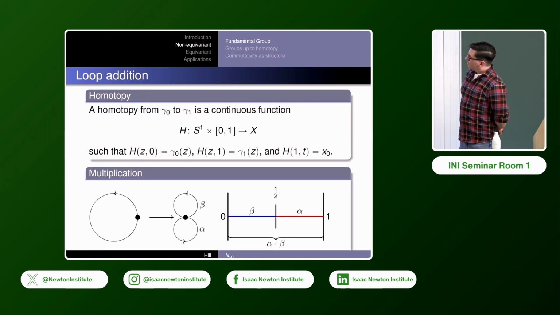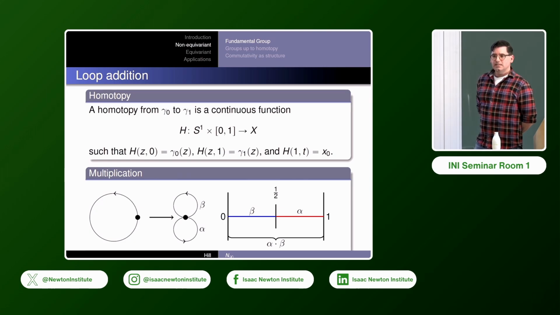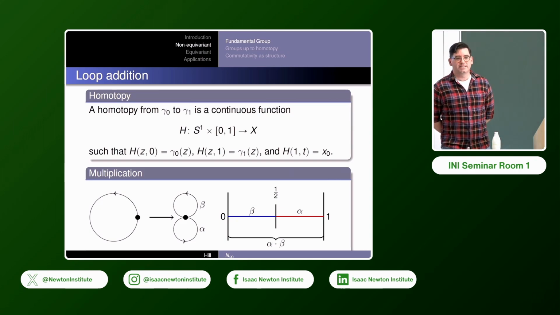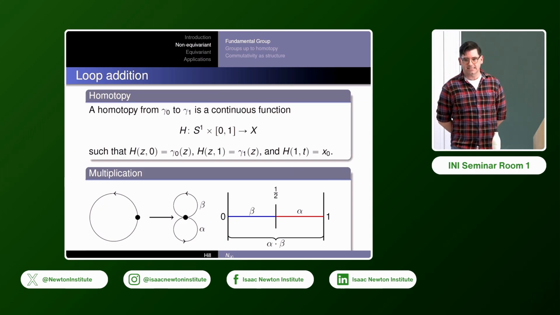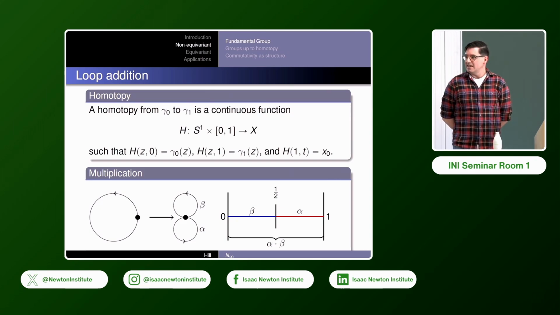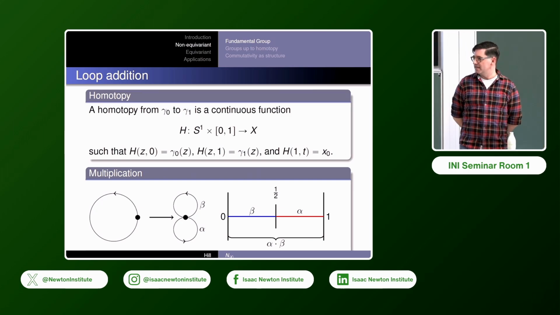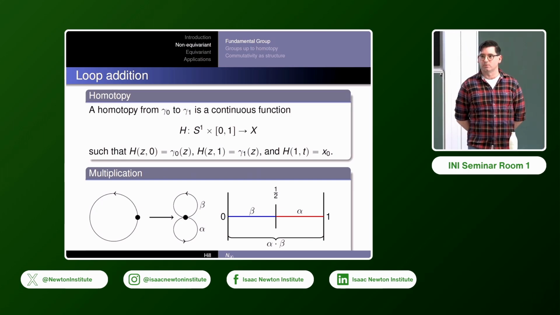The notion that I want to use to identify these is homotopy, and this is due to Camille Jordan in the middle of the 19th century, where it's just a deformation of my path from one to another. So if I have 2 loops, and since I insisted that the starting point and ending point of my loops be the same, these are the same thing as maps from the circle in, where I just identify the 2 endpoints.